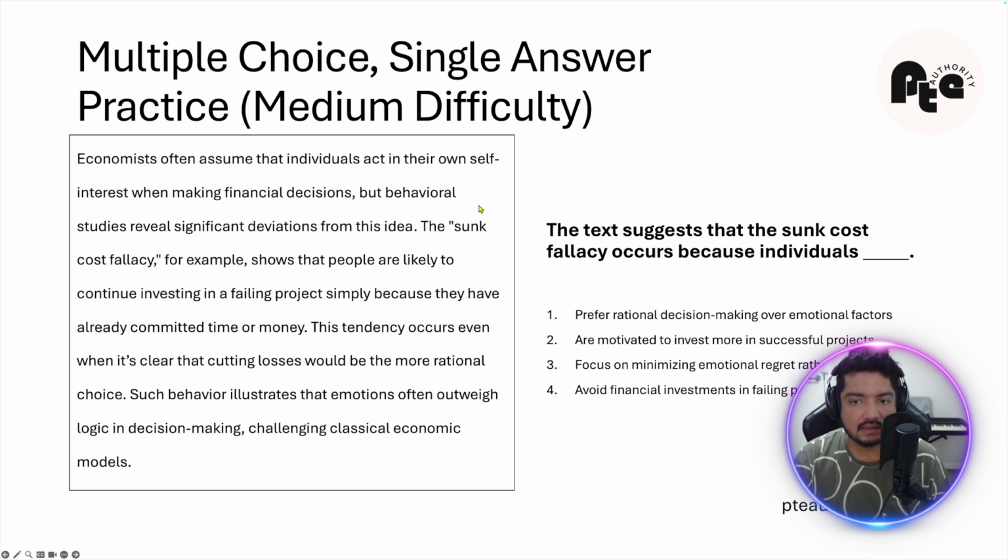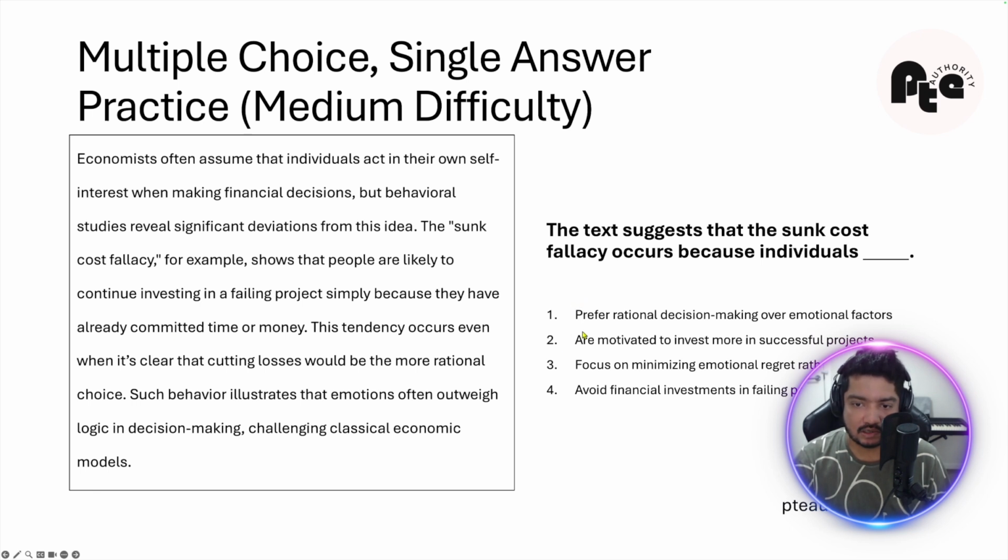Okay, so in this question, the question prompt says to look for why the sunk cost fallacy occurs, because individuals do something. So the sunk cost fallacy occurs because individuals continue to invest in failing projects because they've already committed time or money.